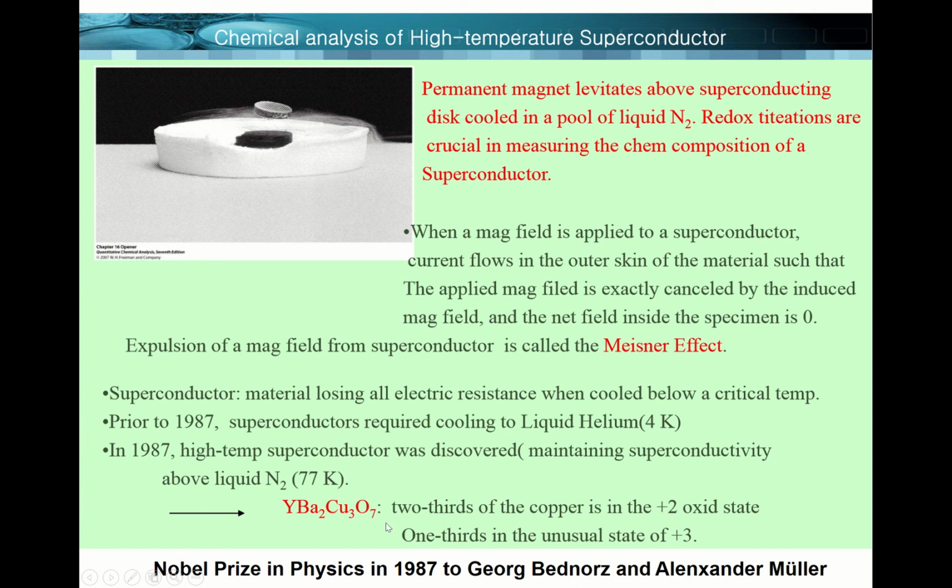You see, copper usually has two oxidation states, +1, the cuprous state, and +2, the cupric state. But the +3 state is very, very unusual. So it is very important to determine this copper oxidation state. And as you learn the electrochemistry part in this textbook, you can do that. Even you can do that.